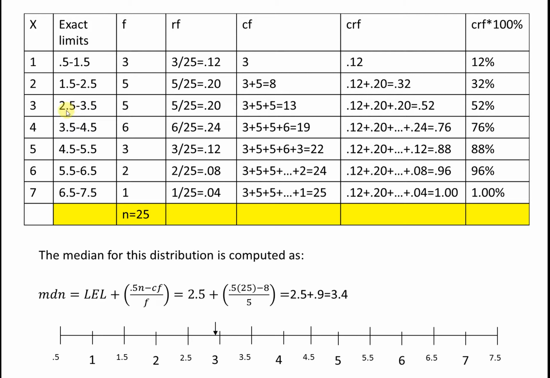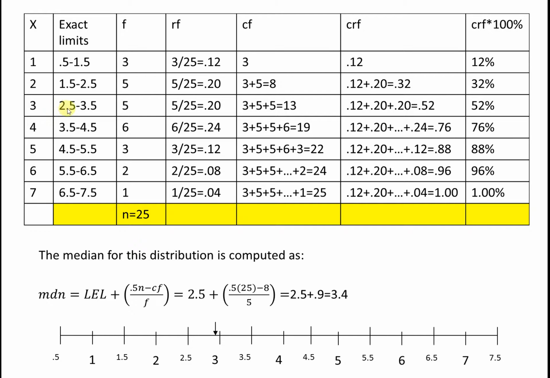So at the beginning of this interval, our cumulative relative frequency is 0.32. So we know then that 0.5, or the 50th percentile, has to fall between these two values here. So that's basically how we identify this interval as containing the median.